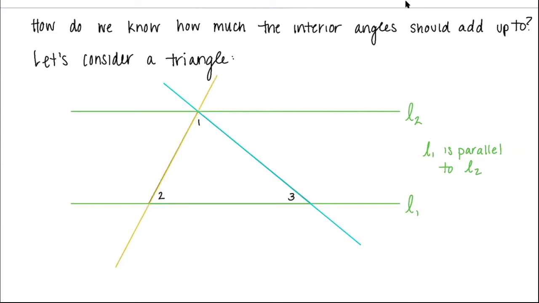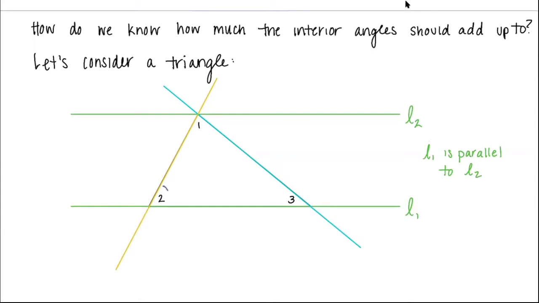And we are going to really use those special angles from last time, or 5 minutes ago, really. Angle 2 is going to be the measure of this angle up here as well, because these are alternate interior. And likewise, over here, angle 3 is going to be the same as this angle here, because they are also alternate interior.